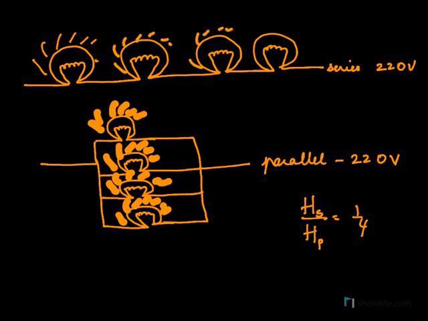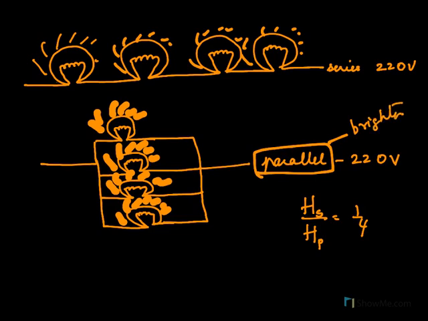So the bulbs will glow more when they are in parallel. They will be brighter. In series, they will glow less brightly because the ratio is 1:4.